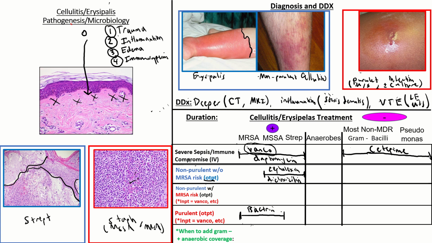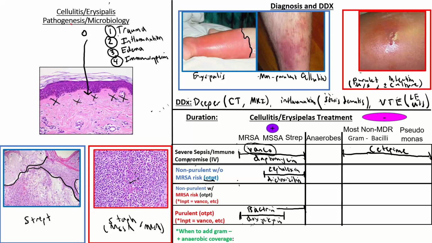Now Bactrim also does get a little bit of strep, but I won't include it in this diagram currently, or you can use doxycycline. So Bactrim does, maybe I'll extend this for Bactrim, get strep, but really strep is not required. If it's purulent, you think it's staph, and you really do need to cover MRSA and MSSA.